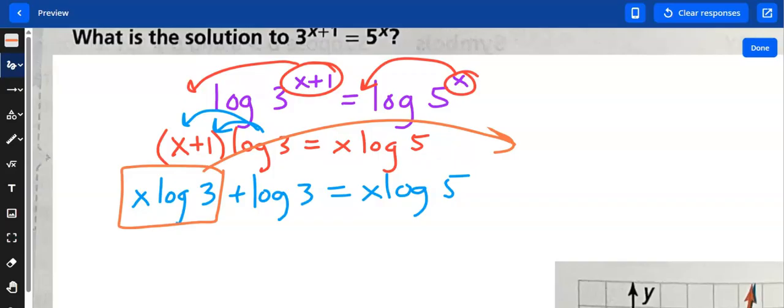Because in a previous question, you and I got the x's on the same side. Remember, it was 7x a few minutes ago? Well, yeah, folks, I understand it looks ugly. So we got x log 5 minus x log 3.